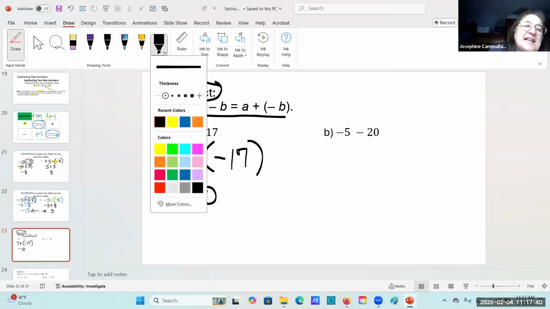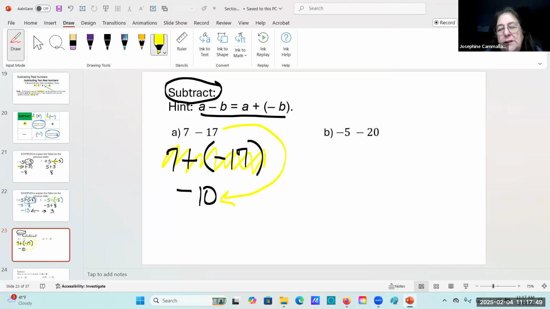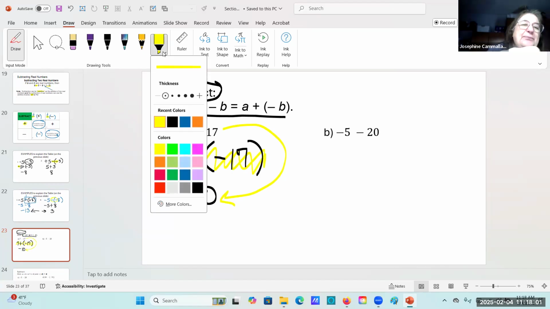Now, some people have asked, do I have to write this line when I can go right to negative 10? No. But that yellow, the black that I wrote initially, is what it means. Okay.